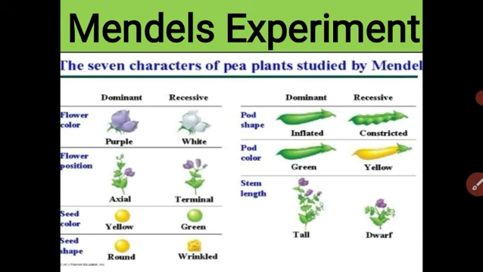I told you in my previous video, Mendel was an Austrian monk, and in his monastery there was a pea plant, so he conducted many breeding experiments on the garden pea plant and concluded the theory of genetics. So he is called the father of genetics.